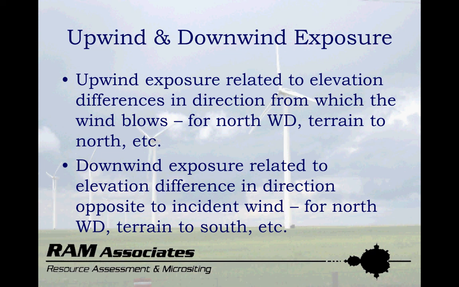And conversely, for the downwind terrain and the north wind, we look at the terrain toward the south and so forth. So for the southerly wind, we would look at the terrain to the north and calculate the exposure variables in that way. We have found that the downwind exposure is a very important parameter in defining how the winds will blow at one site compared to another.